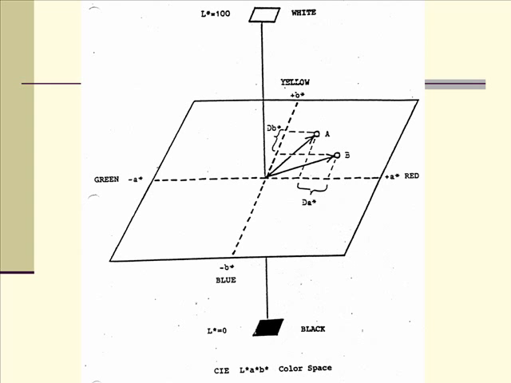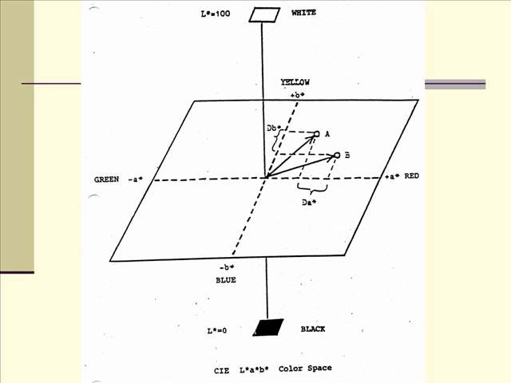Because when we look at our computer printouts, we can look at it in terms of a table of numbers that gives the delta L, A and B and C and H, or we can get a plot that shows points on a curve like something like this. It's a little different, but it gives this same sort of information. Hue and chroma differences we can look at this way.